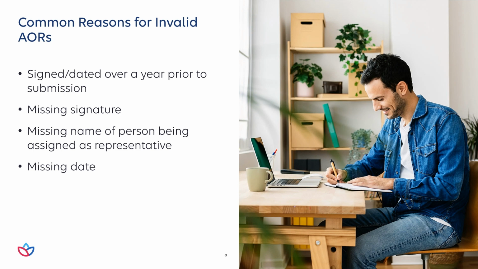The AOR is missing a signature. The AOR is missing the name of the person being signed as a representative. On the next slide, I'm going to show you an example of the form, and you'll be able to see where these things are so I can point that out a little closer. Or the signature was there, but it wasn't dated. So we have to have all of that information in order to consider it a valid AOR and be able to process with it.